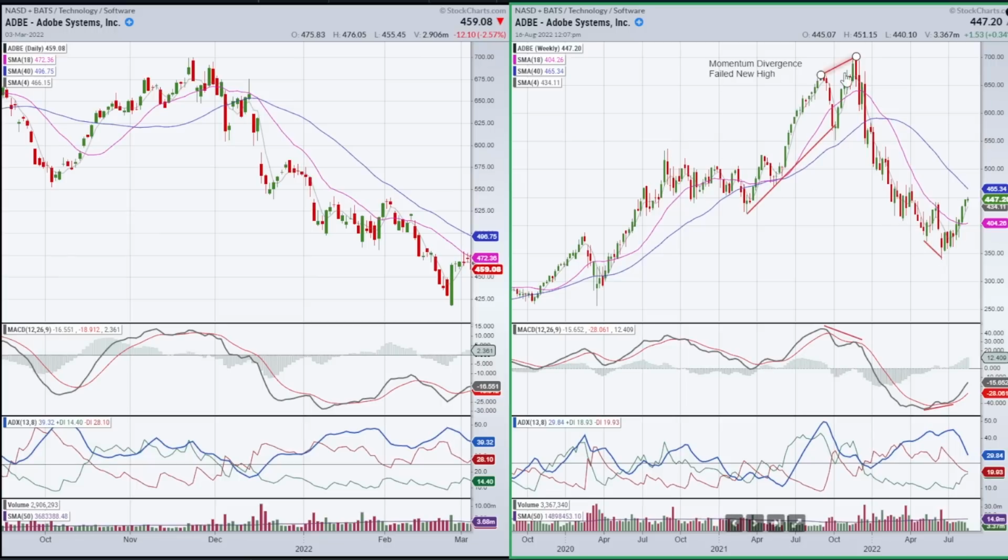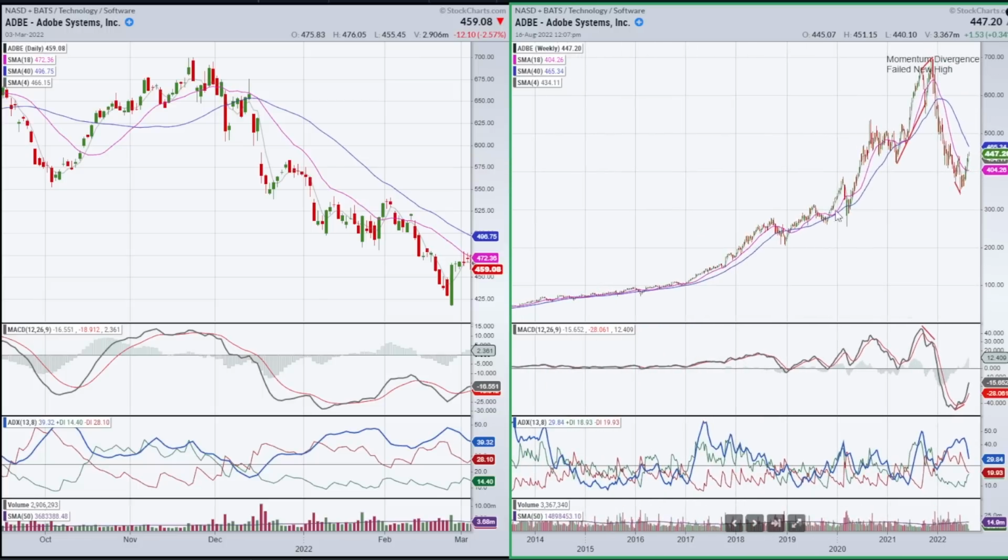This is also a failed new high because the trend was up and now we're reversing. It's not the opposite of an undercut and rally, right? It's actually more of a trending pattern that actually failed new highs. If we go back and look at this, every time this broke out, it had follow through, broke out, follow through, broke out, follow through.